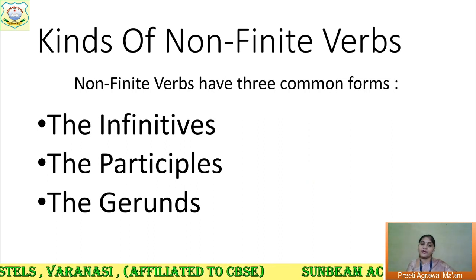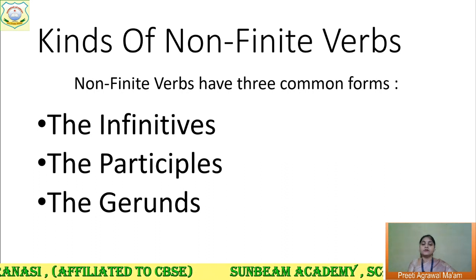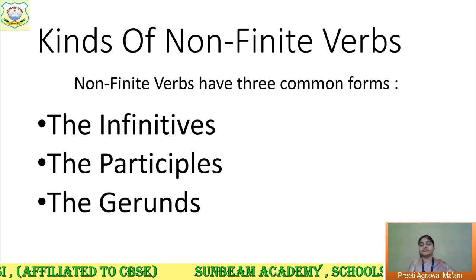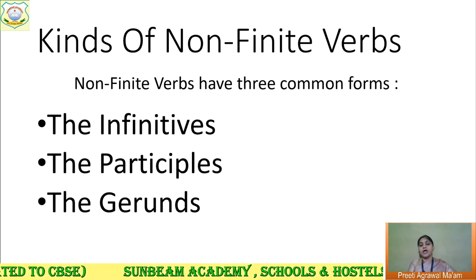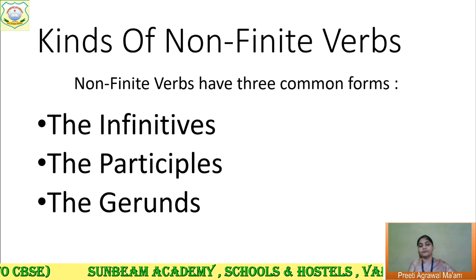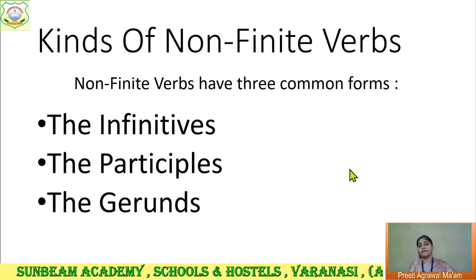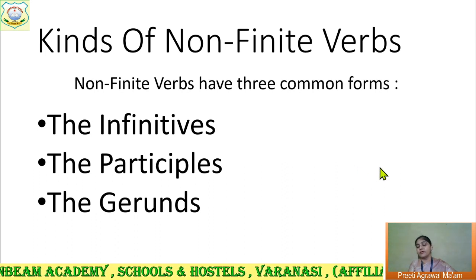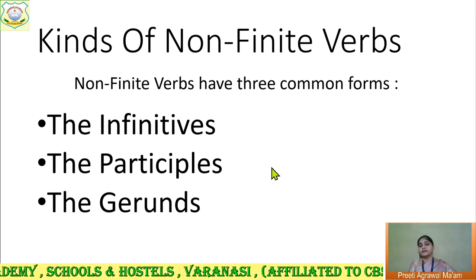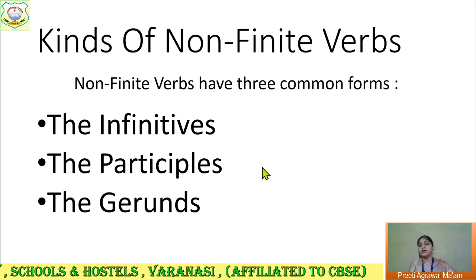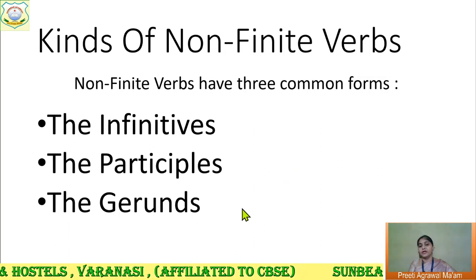If I write completed, I have used ed here. So in past participles, we can use ed, en, d, or only n. In the perfect participle, we use having and then the third form of the verb: having and V3. These we will also discuss in detail in our further classes.